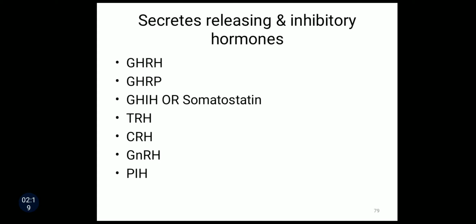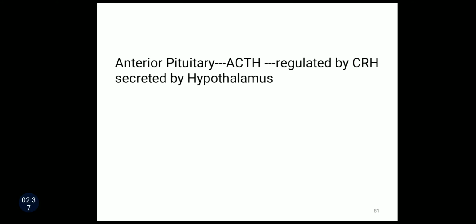Then the third function is control of adrenal cortex. Adrenal cortex is also controlled by the hypothalamus. Here anterior pituitary mainly secretes the hormone ACTH, that is adrenocorticotropic hormone. This adrenocorticotropic hormone regulates adrenal cortex.